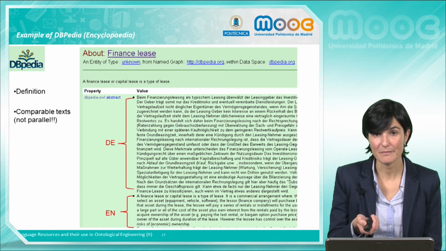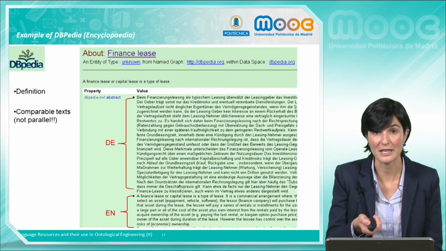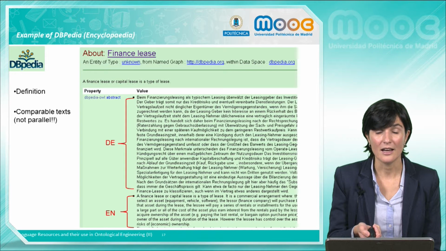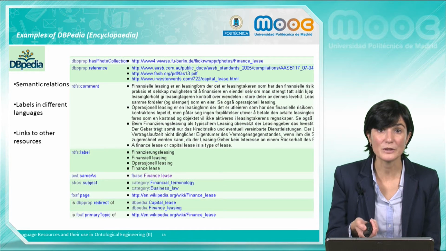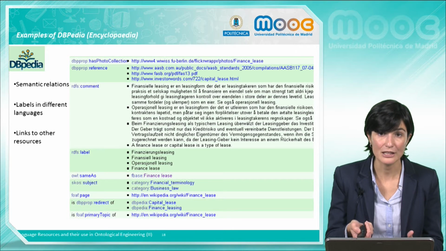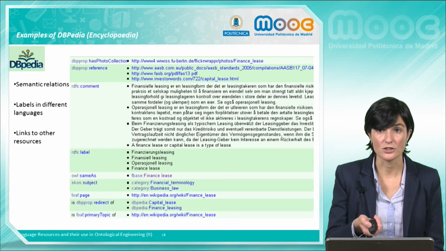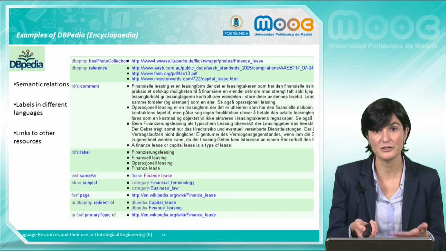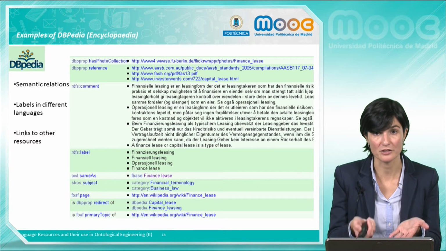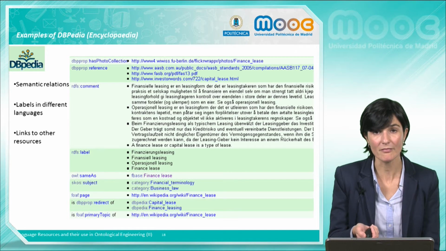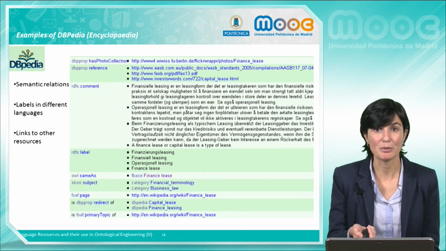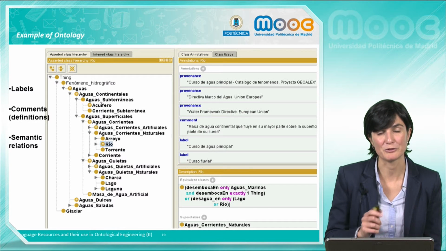Here we see, for example, the definition for the concept finalist in German, in English, as you see by the relations established. In the next slide, we see information or data values for relations such as has photo collection, has reference, has subject field. So all this information is made explicit for machines, so it is processable by machines. So here we see we can exploit the semantics of this resource.